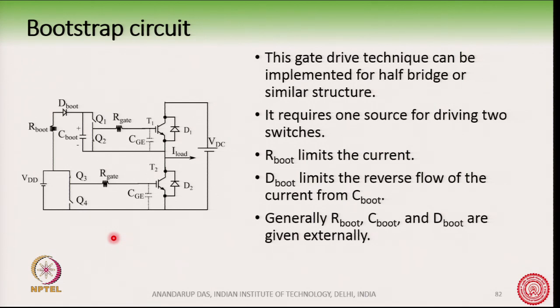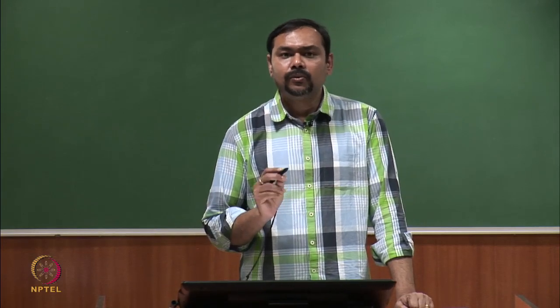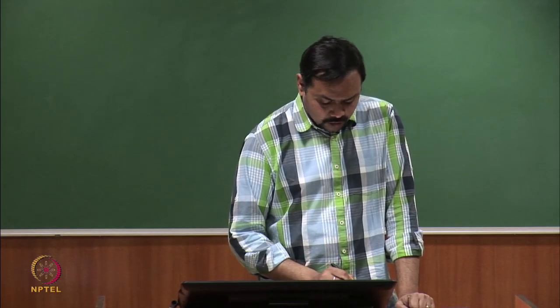So what you have to give externally is R boot, D boot and C boot, the resistance, diode and capacitance, and along with that, if you want, you can give R gate externally. Many ICs are coming up with Q1, Q2, Q3, Q4 already given to you. So, let us first see how this circuit operates.